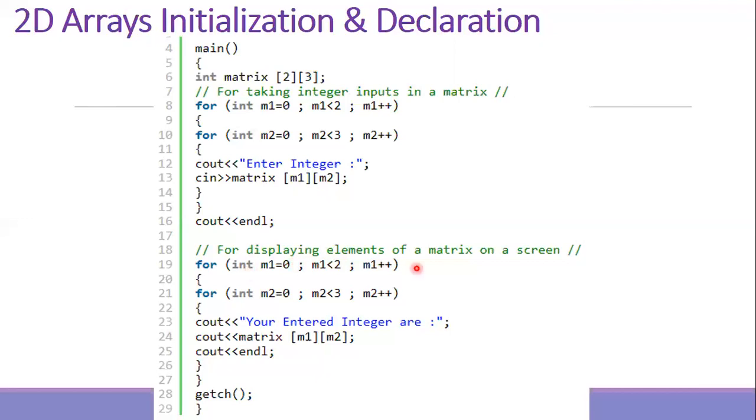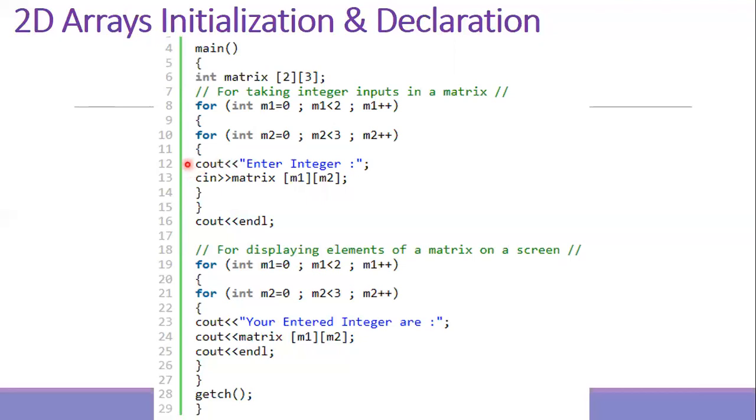Now, here we have used another nested loop to display the elements of the matrix on the screen that the user has entered. For example, m1 is equals to 0, m1 is less than 2, and m1 plus plus. Again, this loop is same as the previous one. Here there is only one difference.